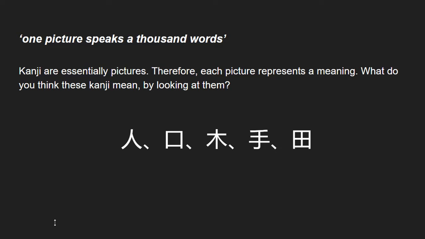But as you start to look into the kanji, each and every kanji is made up of smaller components, and those smaller components carry meaning to the rest of the kanji. So when you look at it like that, kanji isn't as complicated as you think.